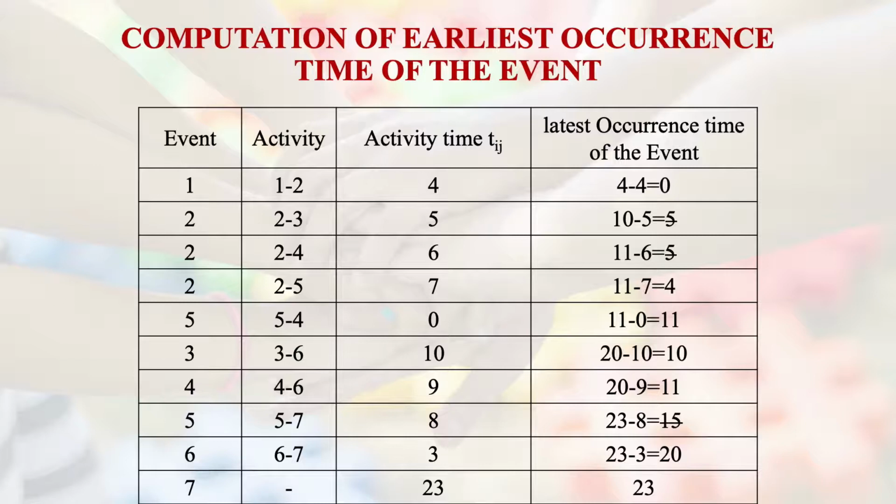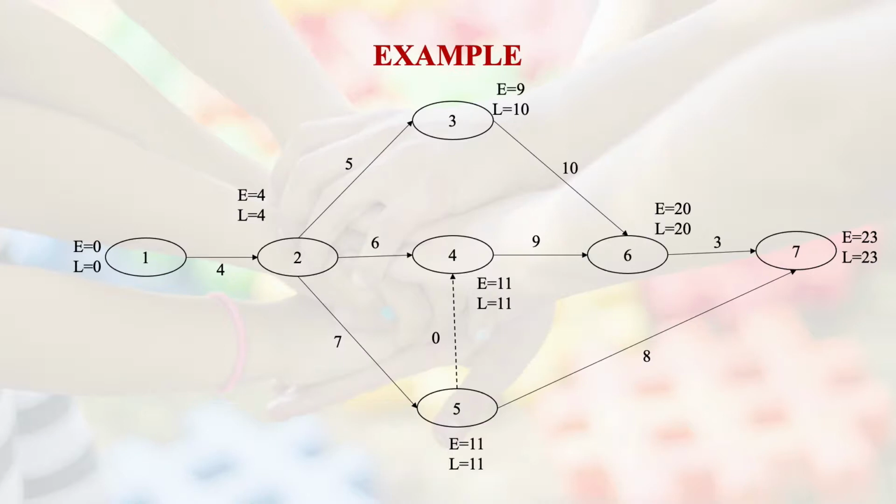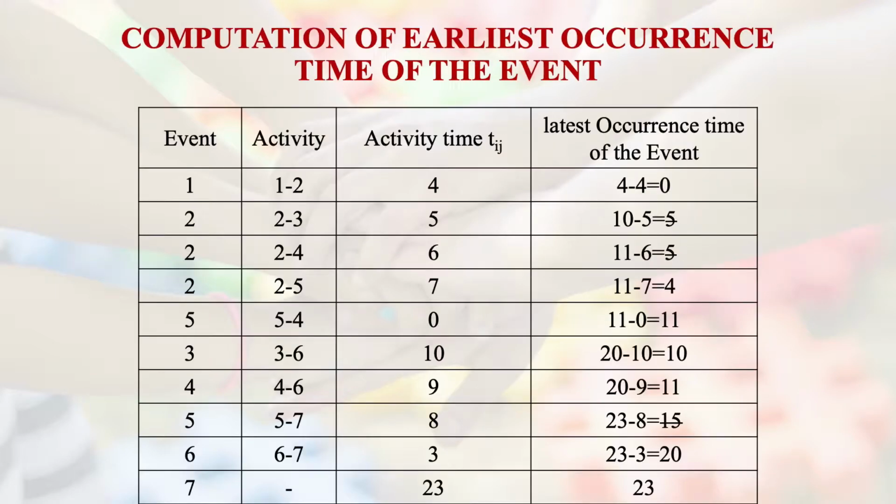Now from 7, if we go back to 6, that is 23 minus 3. So the latest occurrence time of event 6 happens to be 20, that is 23 minus 3, whereas the latest occurrence time based on path 5 to 7 of event 5 is going to be 23 minus 8, 15, right?